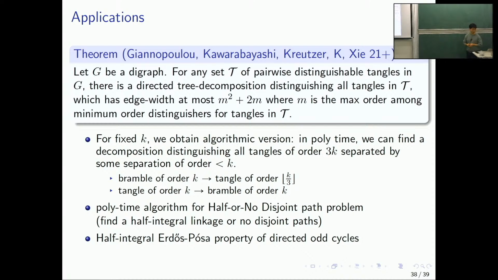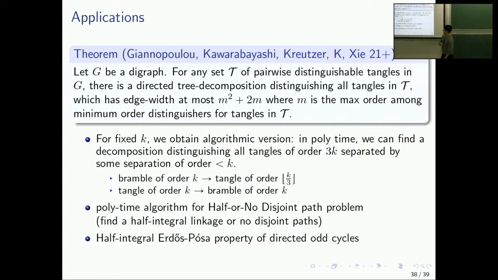So this is the statement, and then we have a nice application where we obtain an algorithmic version, where we distinguish only tangles of order 3k that are separated by some separation of order less than k, because to detect the tangles we use brambles, and there is this factor of 3 blow-up between the bramble number and tangle number. And we need some 3k here.